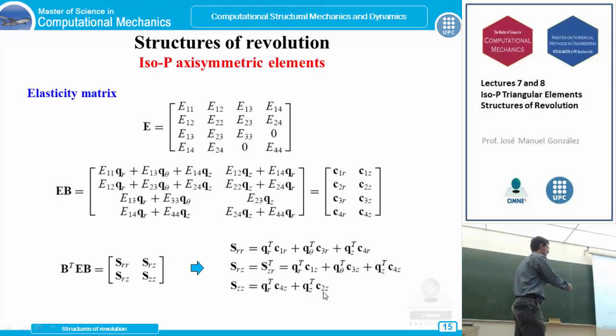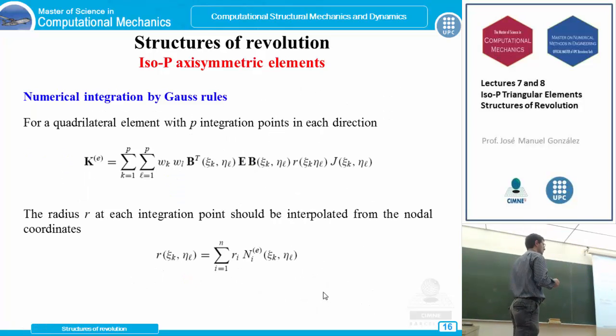So if we try to calculate this stiffness matrix using numerical Gauss integration points, sooner or later we will have to calculate this expression in the elements, quadrilateral, triangular, next to the axis.